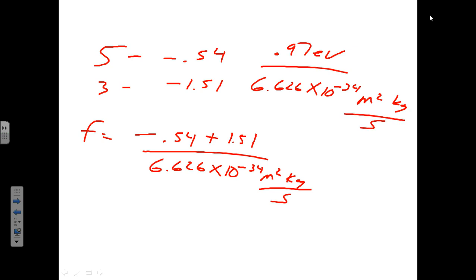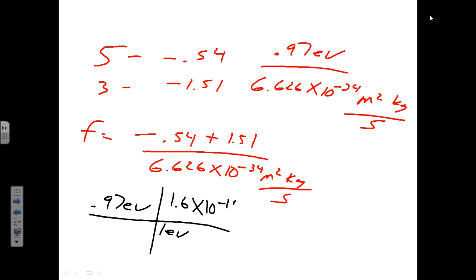But remember, we've got to convert those electron volts over to joules. So let's do that down here on the bottom real quick. And again, the conversion's written over there on the board. 1 electron volt is 1.6 times 10 to the minus 19 joules.